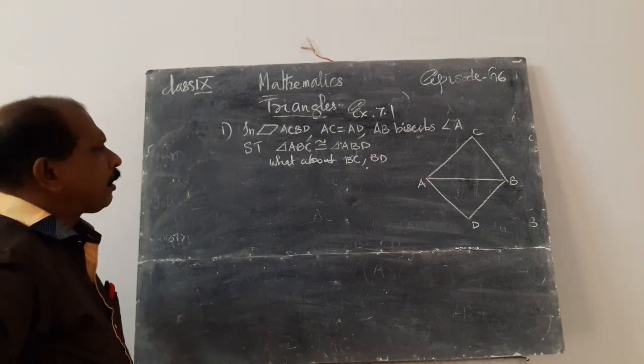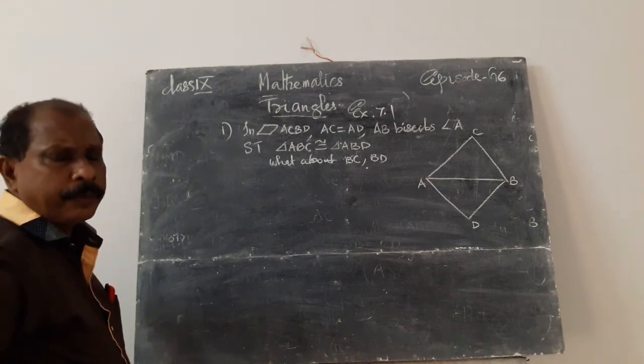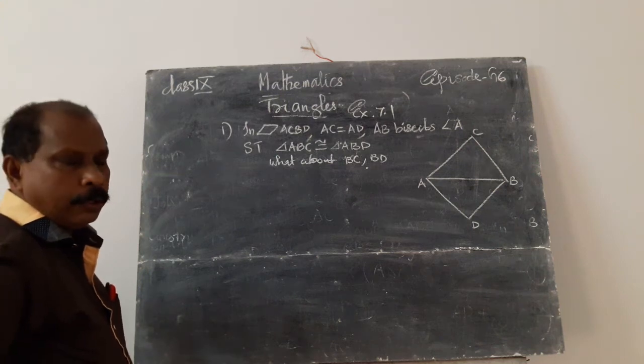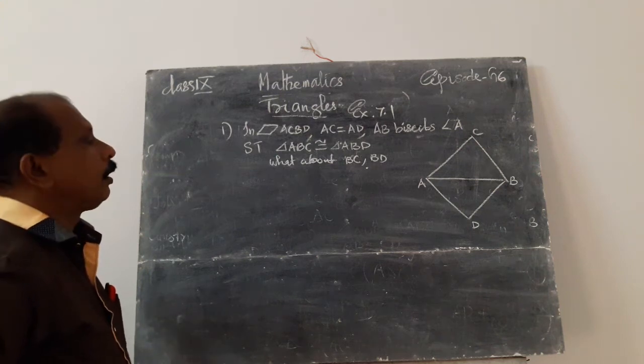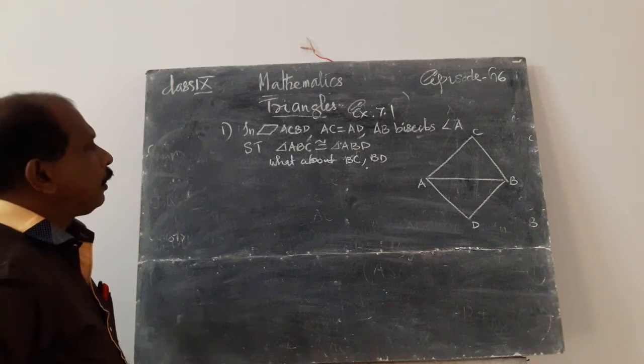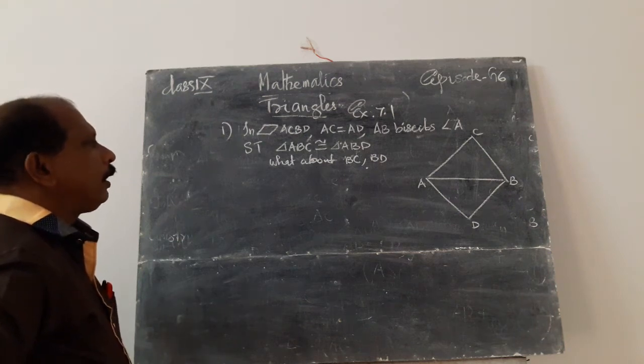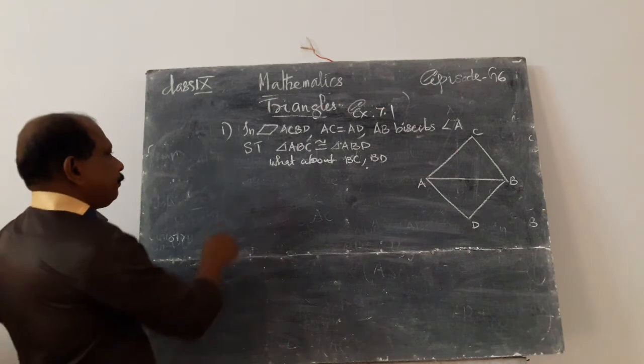We can use any type of congruency of triangles. Which are given? AC is equal to AD, that is given.